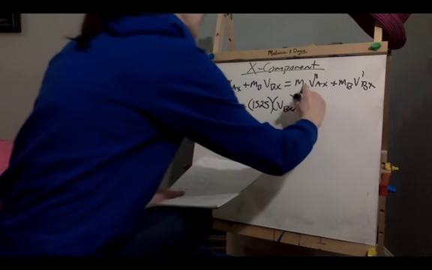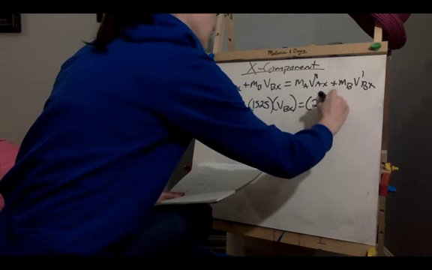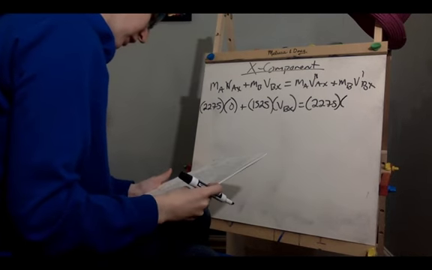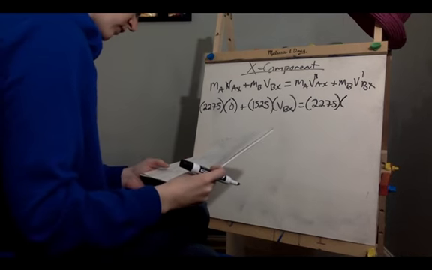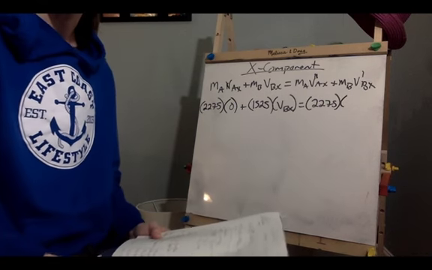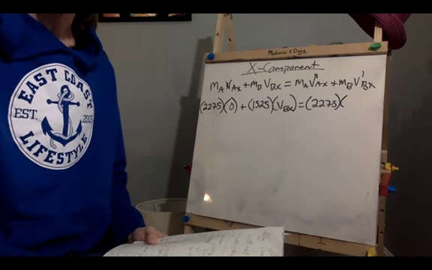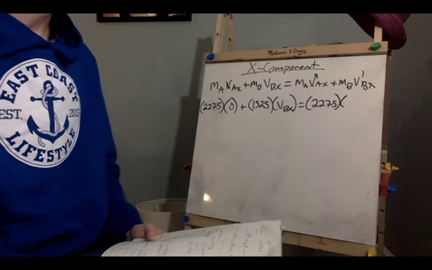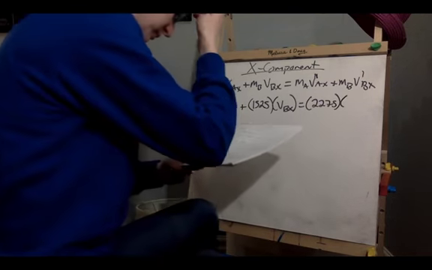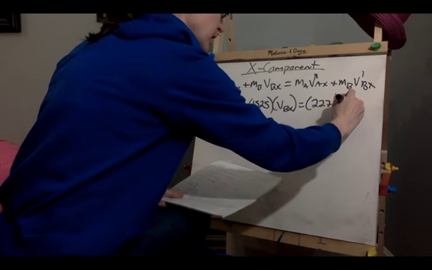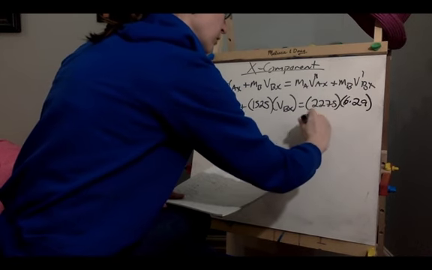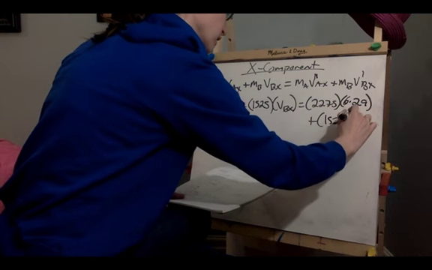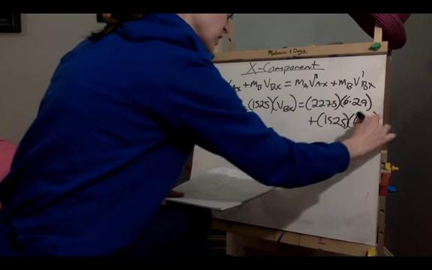So this is going to be our 2275 times the value that we just solved for. I didn't actually solve for those, did I? I should have solved for them using sine and cosine. Had I done so, I would have gotten 6.29 here, plus the mass of B, 1525, times the same thing, 6.29.